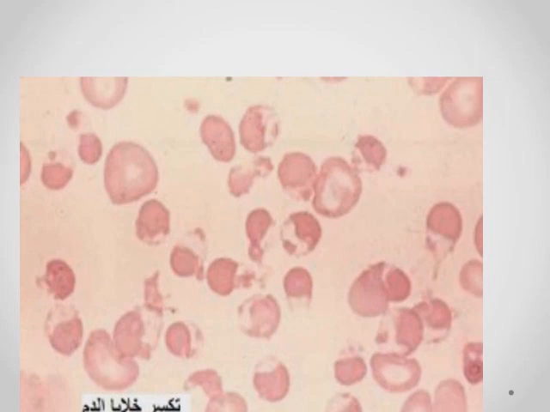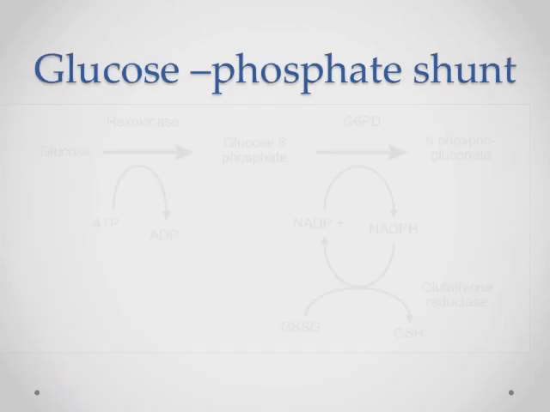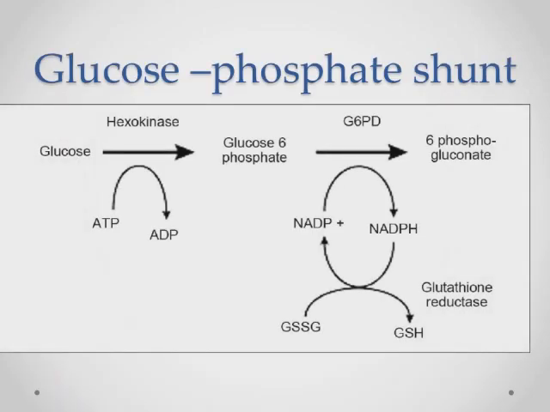This occurs in acute G6PD deficiency, what we call favism. Here is the shunt. In the presence of glucose 6-phosphate dehydrogenase, glucose 6-phosphate will be converted into 6-phosphogluconate, which provides NADPH, and this NADPH is very important for glutathione reductase, a very potent antioxidant.